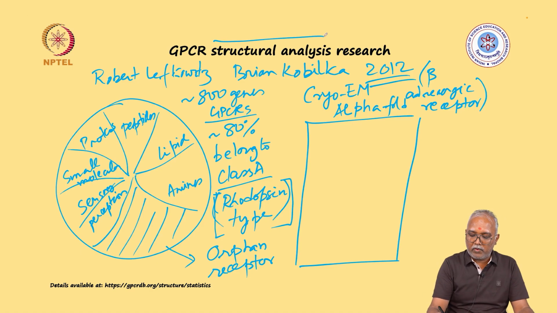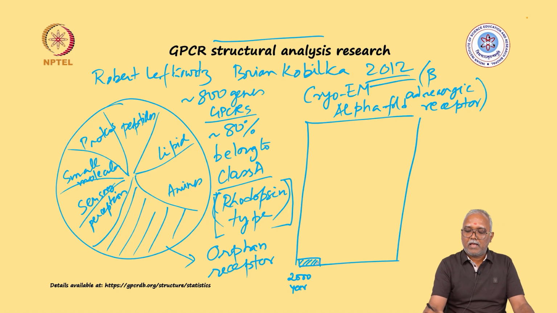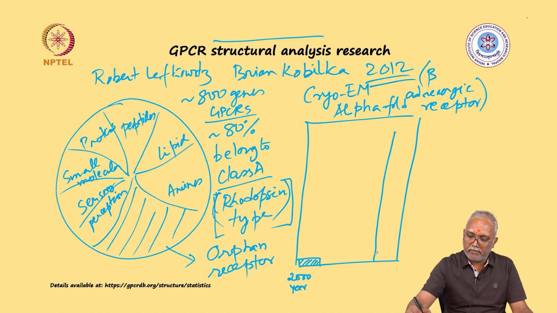If we simply look at the way structures have been solved for GPCRs over the years, in around 2000 there were only 4 or 5 structures solved.